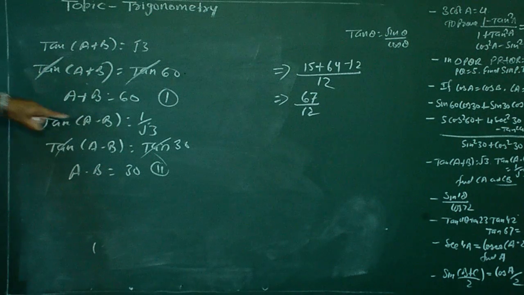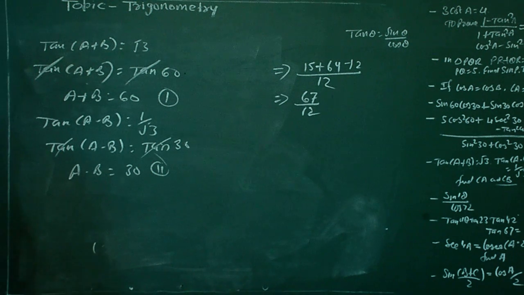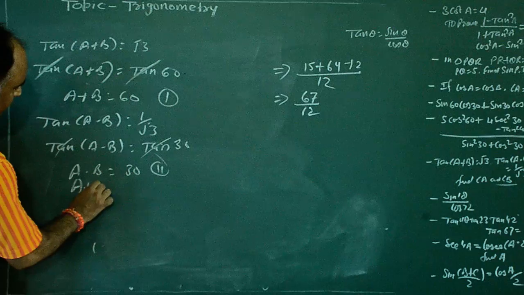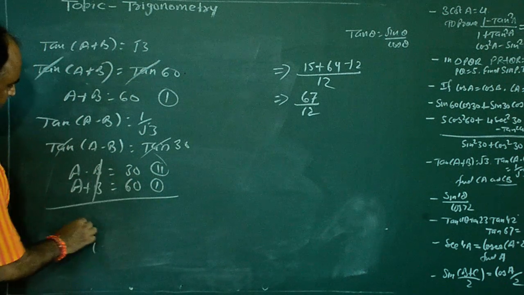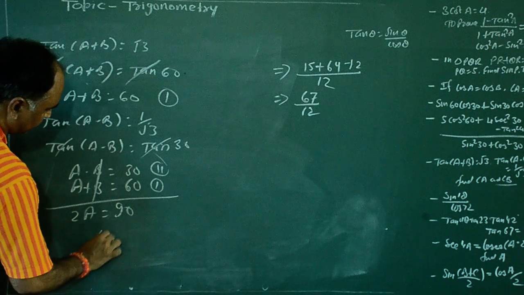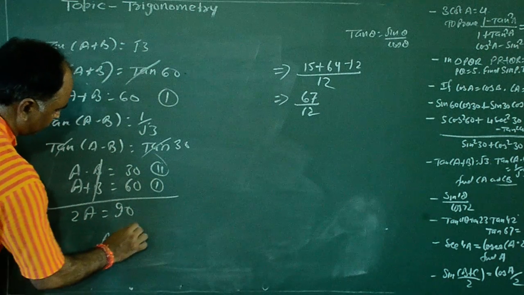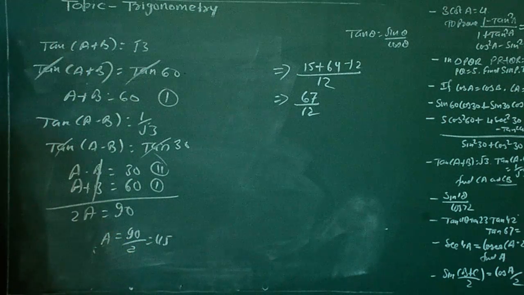Now you have to solve both of the equations by elimination method or by substitution method. A plus b equal to 60, that is first, add them, you have got 2a equal to 90, then angle a equals 90 upon 2, you have got 45.